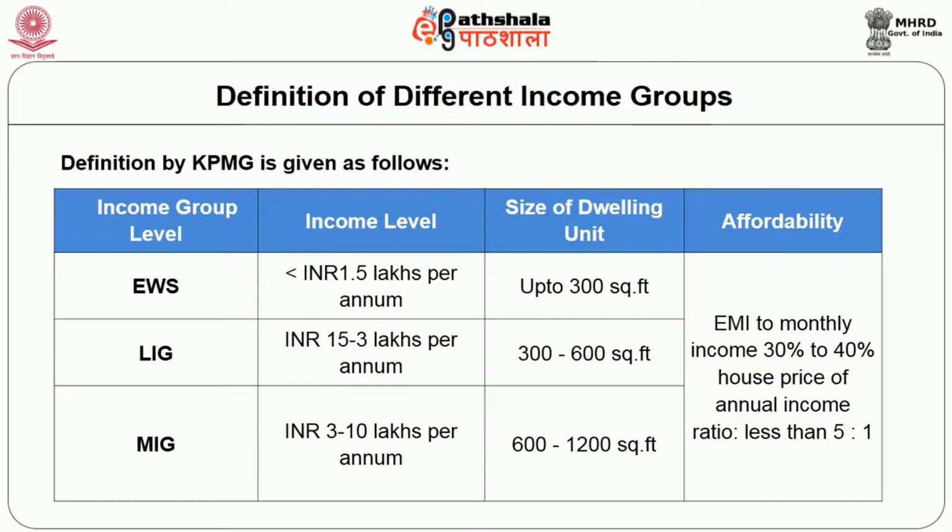The LIG is defined as those who are getting an annual income of rupees 1.5 to 3 lakhs per annum, and the dwelling unit for them is 300 to 600 square feet. For the MIG group, the annual income is rupees 3 lakhs to 10 lakhs per annum, and the unit size of the dwelling unit is 600 to 1200 square feet.